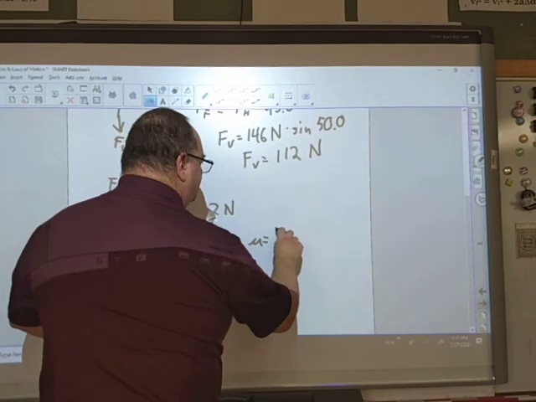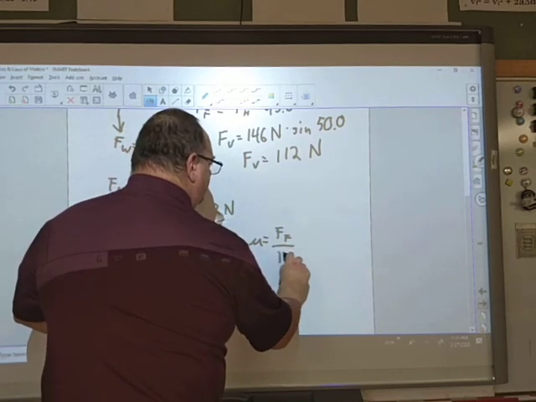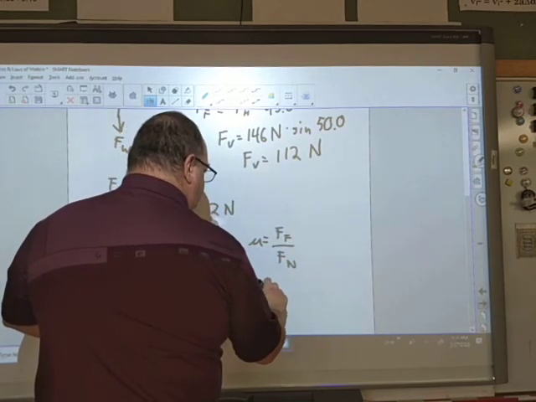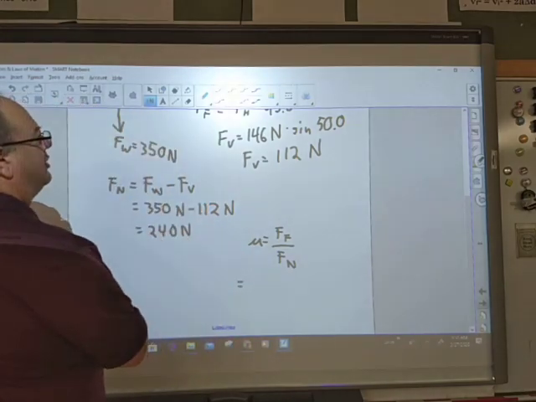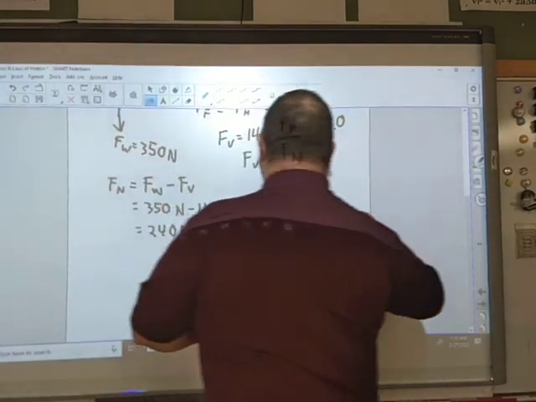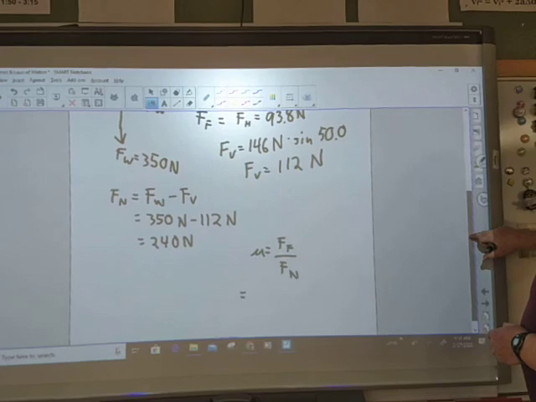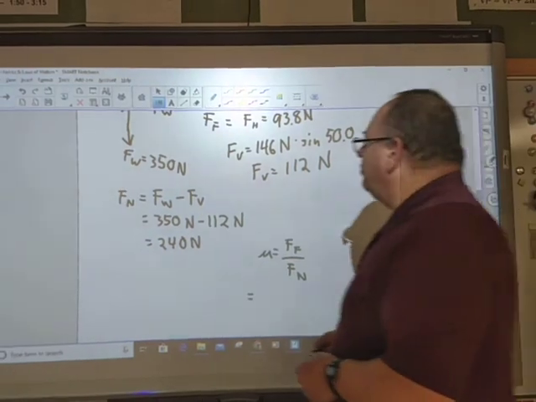Mu equals the frictional force over the normal force. So we determined that the frictional force was 93.8 newtons.